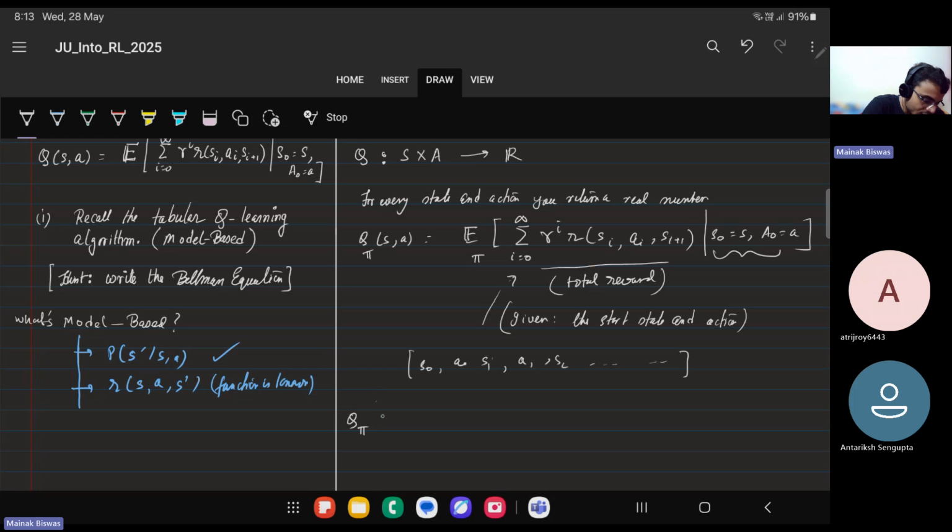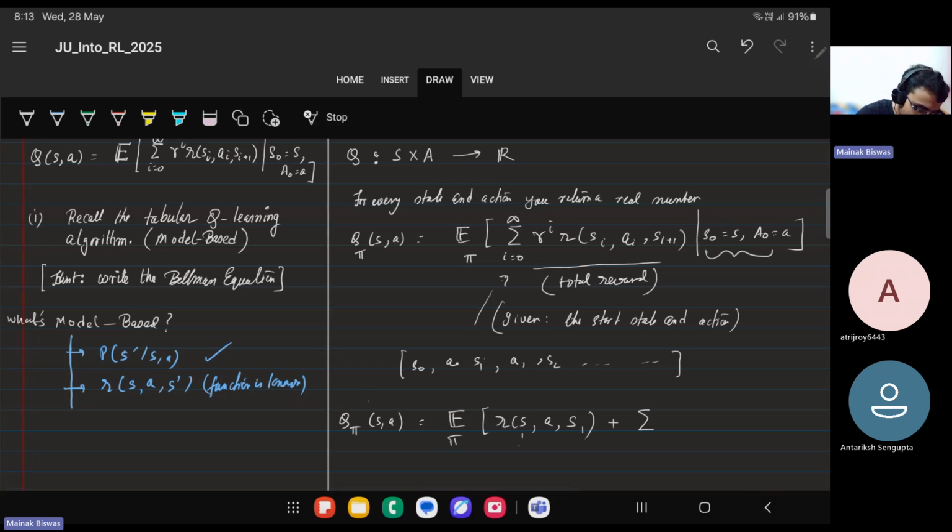We know that this can be written as the reward at S0 = s, A0 = a, and S1, plus the summation, I from 1 to infinity, gamma to the power I, reward of S_i, A_i, S_{i+1}, given S0 is equal to s, A0 is equal to a.